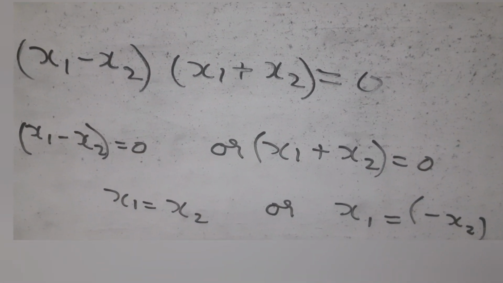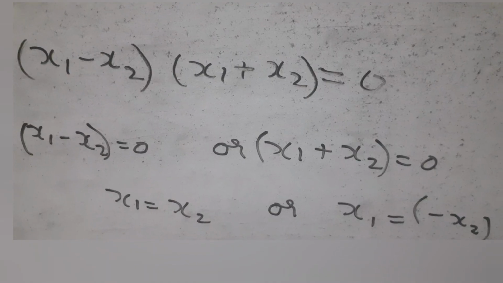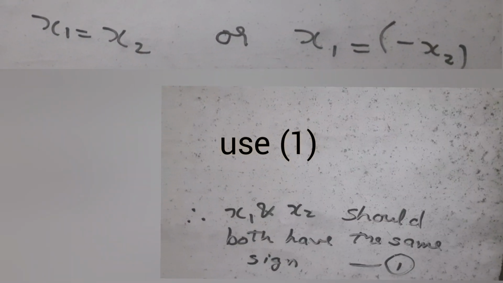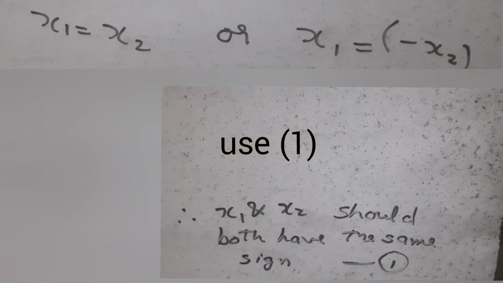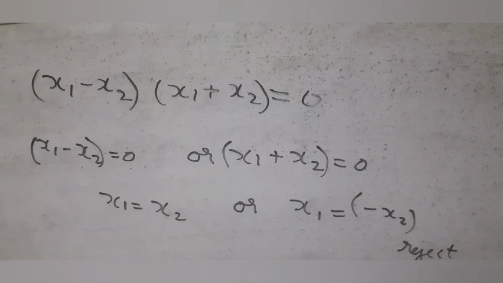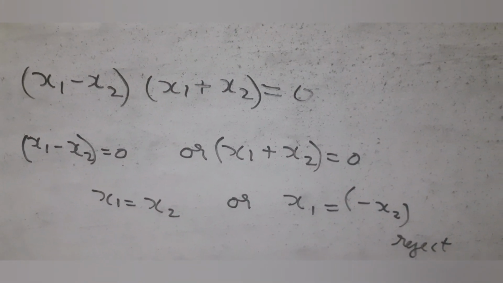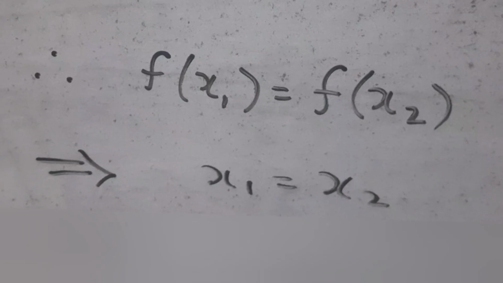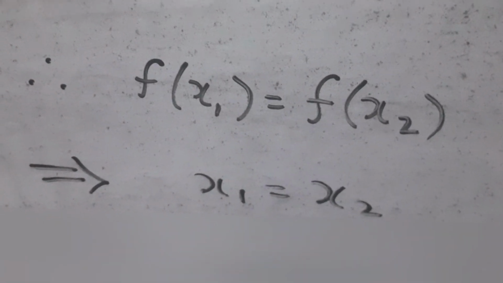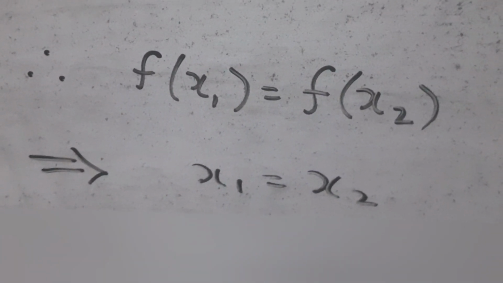By the condition 1, we can reject x1 equal to minus x2. So we are left with only x1 equal to x2. So we have proved that f is 1-1.